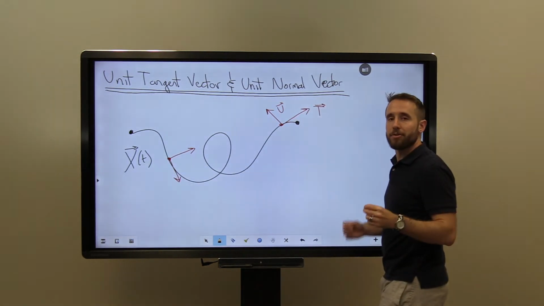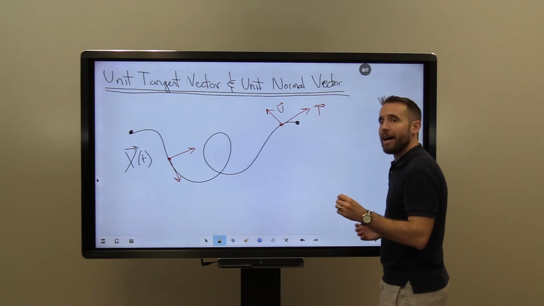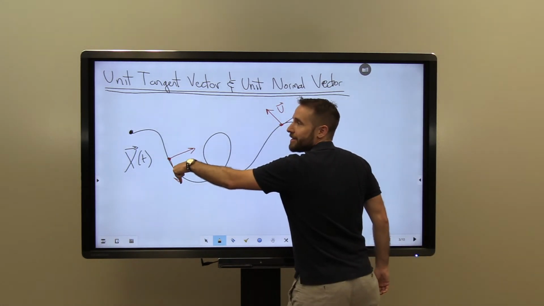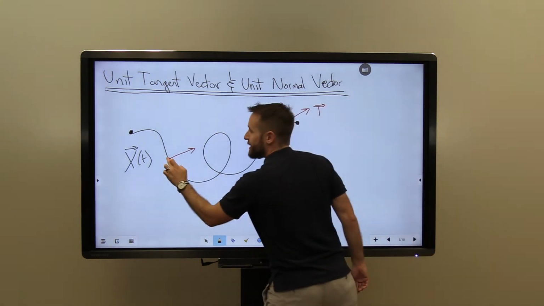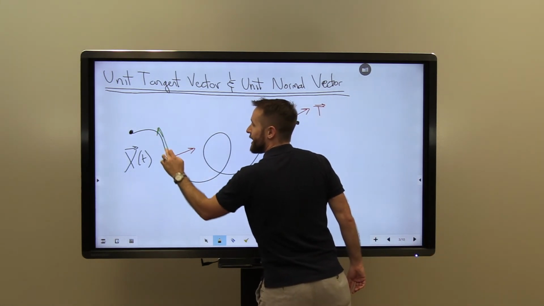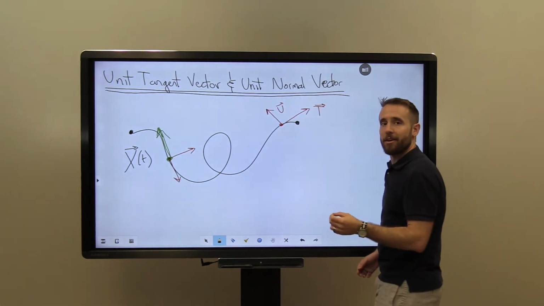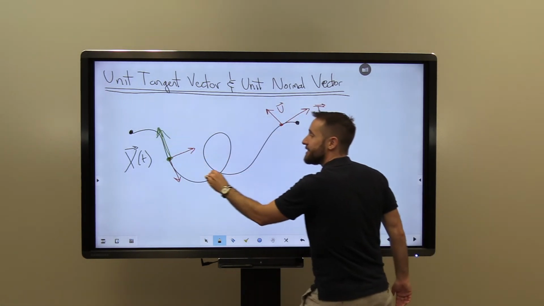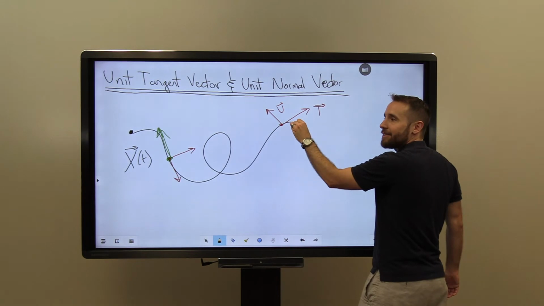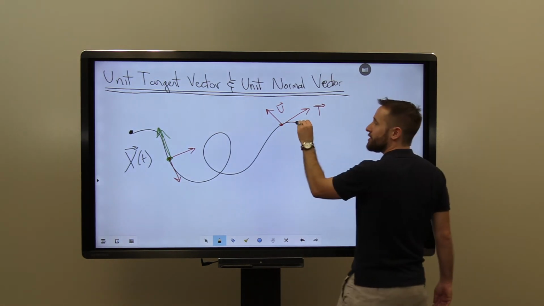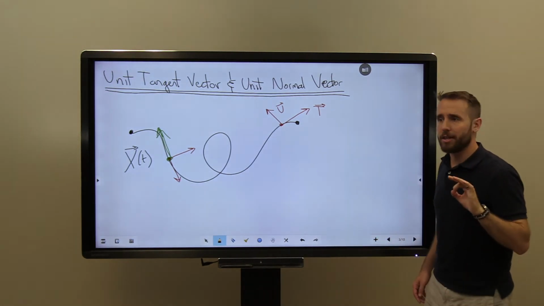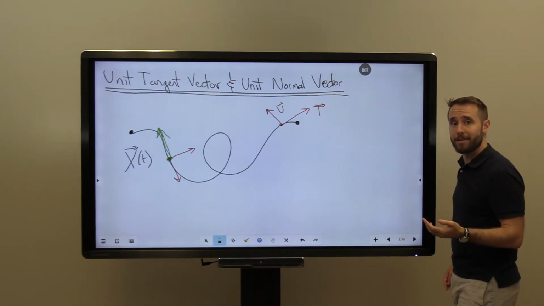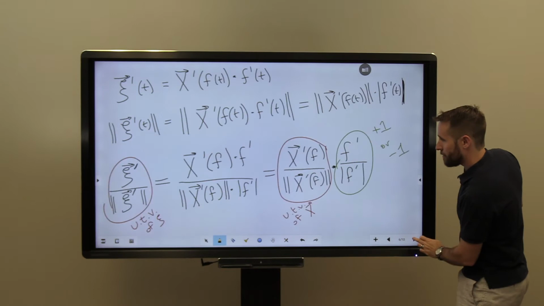And our reparameterization xi will either give us the exact same unit tangent vector, or it will give us the opposite unit tangent vector, pointing in the opposite direction, depending on whether our new parameterization is going in the same direction as x, or in the opposite direction. And that's where that +1 or -1 will come into play.